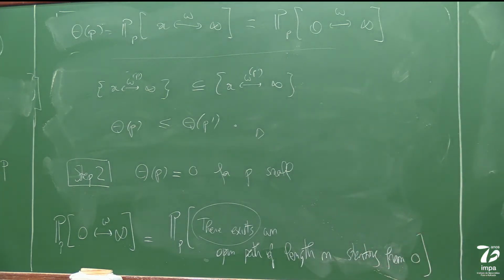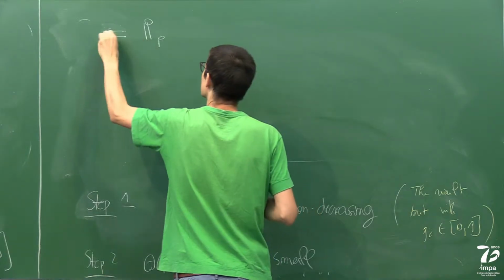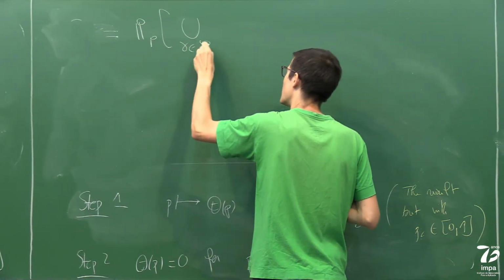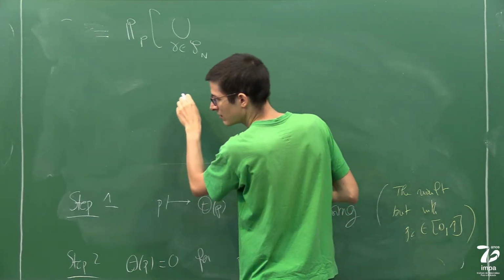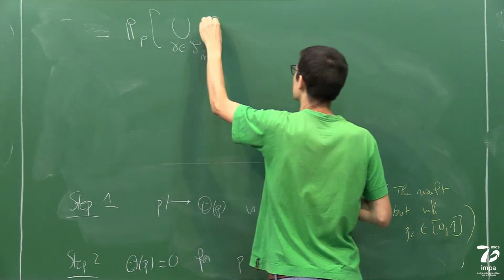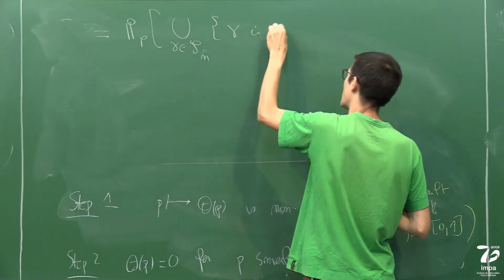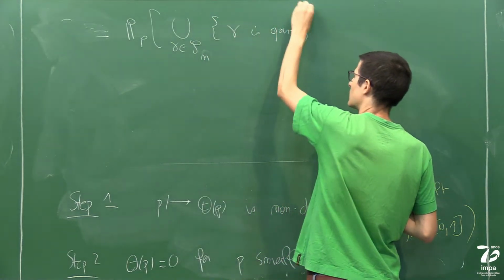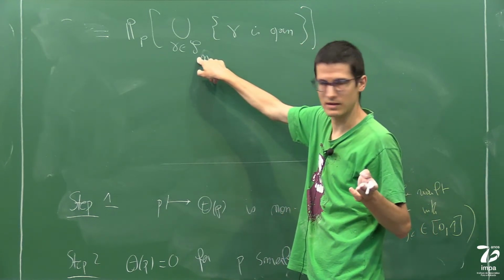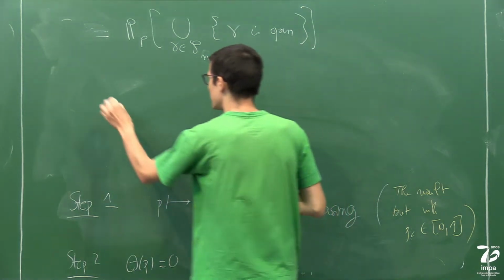Okay, so now you know that the probability is equal to the probability of the union over gamma in S_n, gamma is open. Okay, so I think this is the notation I had for the set of self-avoiding paths starting from 0.